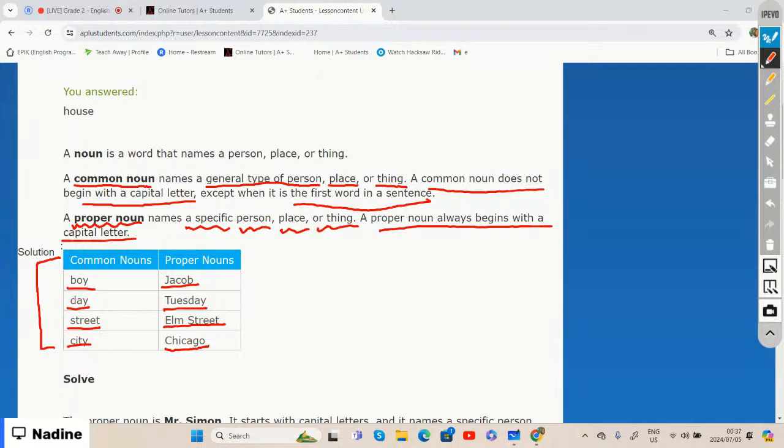And common nouns do not start with a capital letter unless it is the first word of the sentence. And then we have proper nouns that name something specific. It names a specific person, animal, place, or thing. And a proper noun always begins with a capital letter.